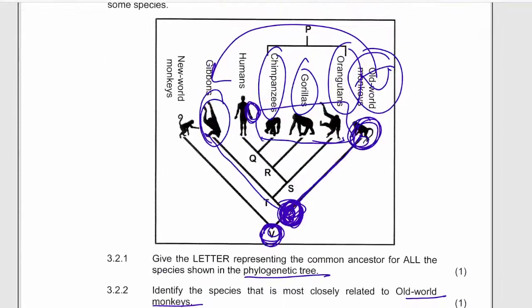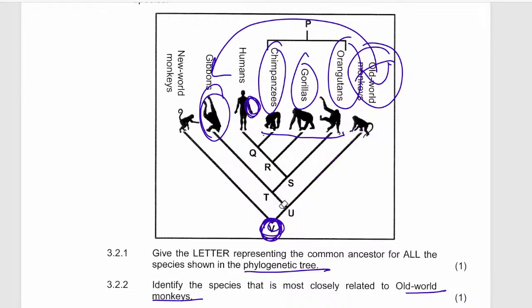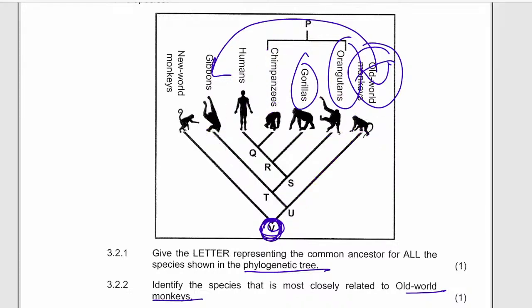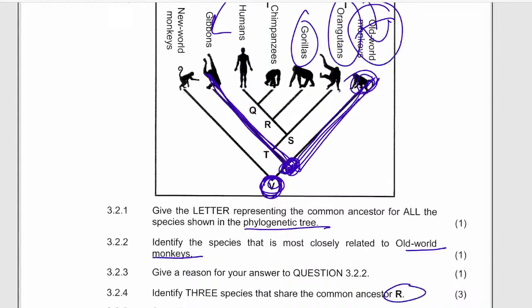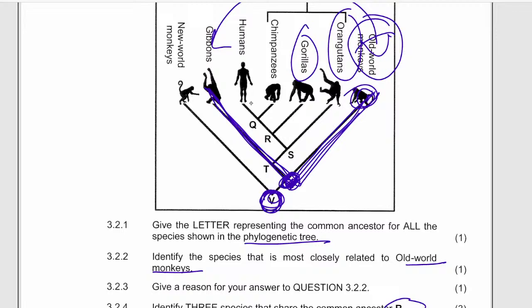Someone is saying human is correct. What is the most recent common ancestor? Why do you talk about human? How is human connected to this? Recent ancestor, you see where they meet. Those are the ones most closely related.